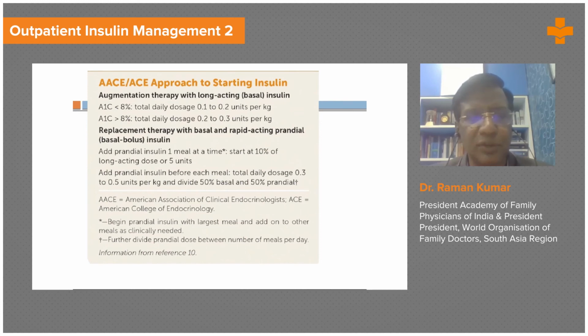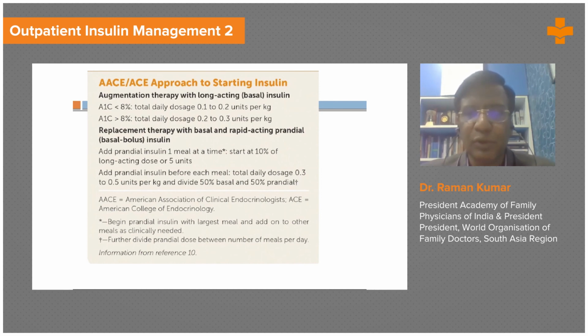If you look at this particular table, there are terms which are augmentation therapy and replacement therapy. What is augmentation therapy? When you are adding on to the ongoing oral hypoglycemics, you are just replacing some additional requirement of insulin. Whereas in replacement therapy, there is hardly any insulin production in the body itself, and you are largely replacing.